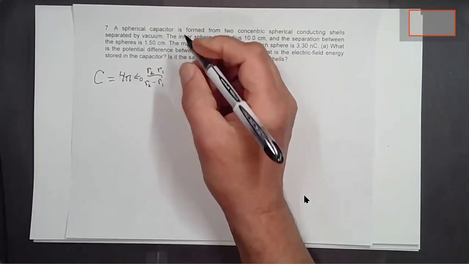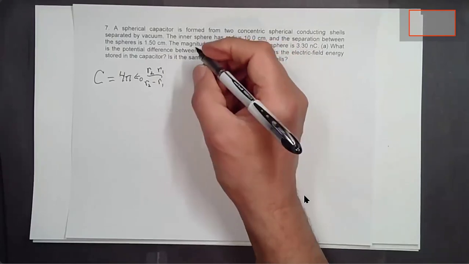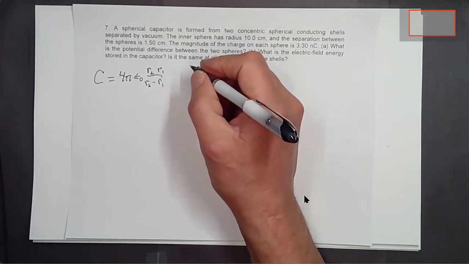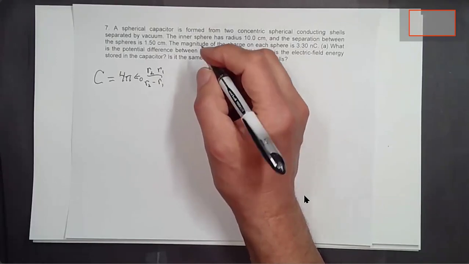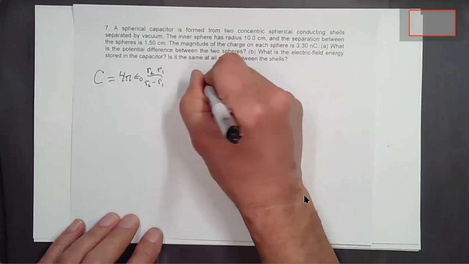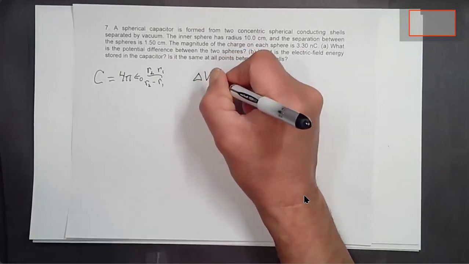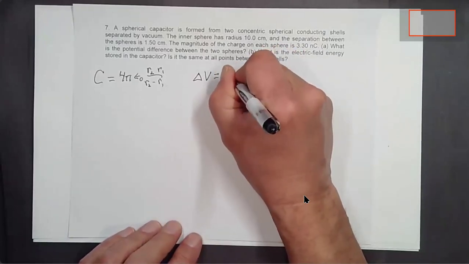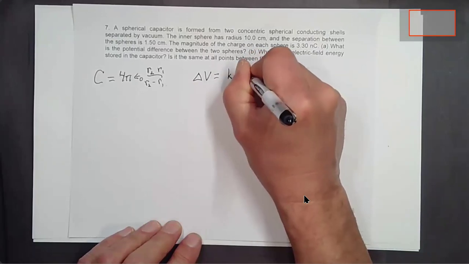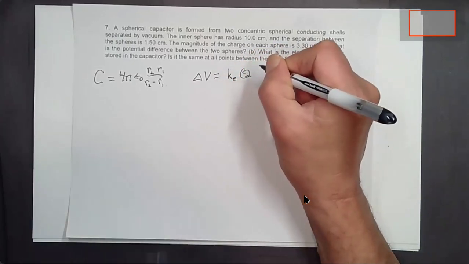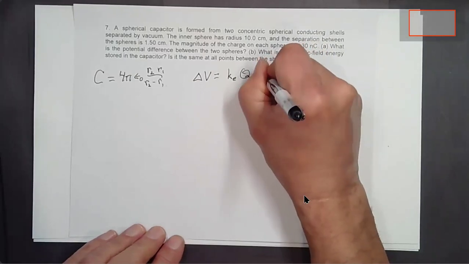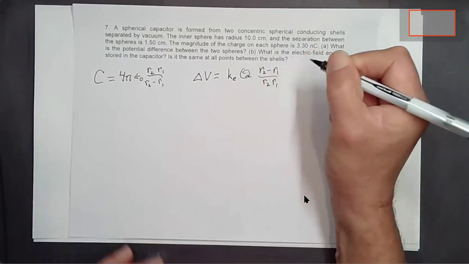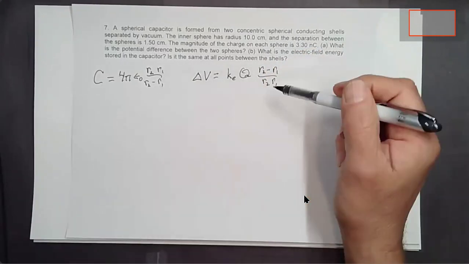And also the potential difference in a spherical capacitor, I have to bring myself back to that, delta V, I don't know if we'll need this or not, but we might, is equal to K sub E Q times R2 minus R1, and K sub E is 1 over 4 pi epsilon naught.